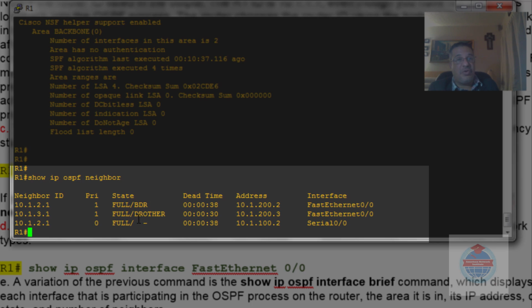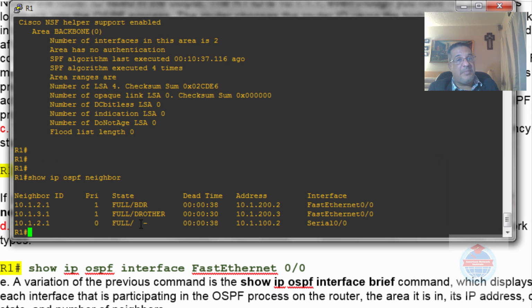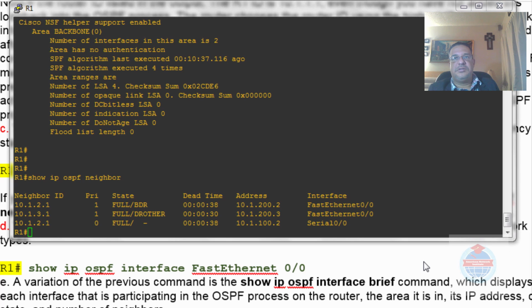So the one that doesn't have the key is a DR other. So if you have the BDR and you have the DR other, that means that you're probably going to be the DR, as we saw previously, because it chooses the DR by the IP number, the highest IP address on the loopback. Remember that, guys.